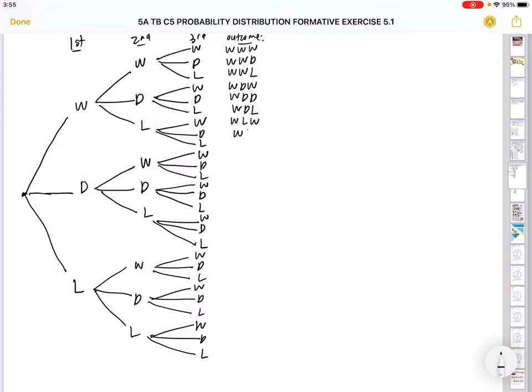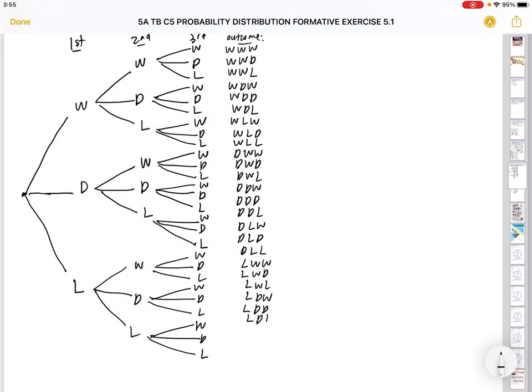Win, lose, lose, and continuing through the draw and lose branches, all the way down to lose, lose, lose. Total 27. This is amazing, right?